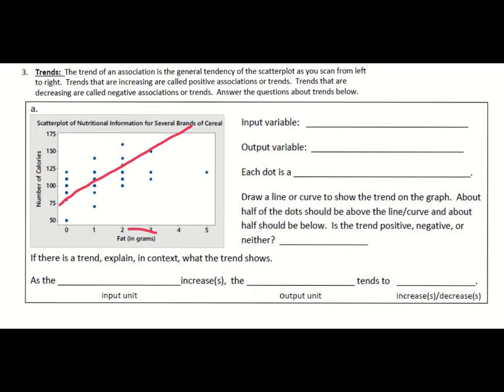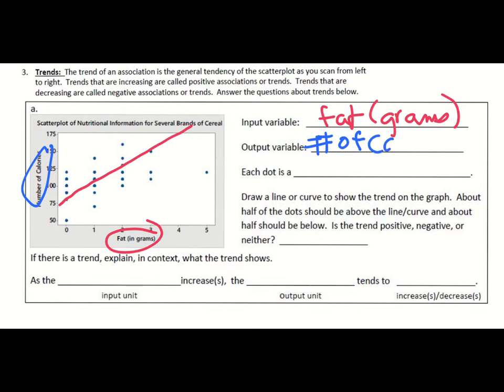So here my input variable is fat in grams. And my output variable is my number of calories. And then each dot basically represents a cereal brand.